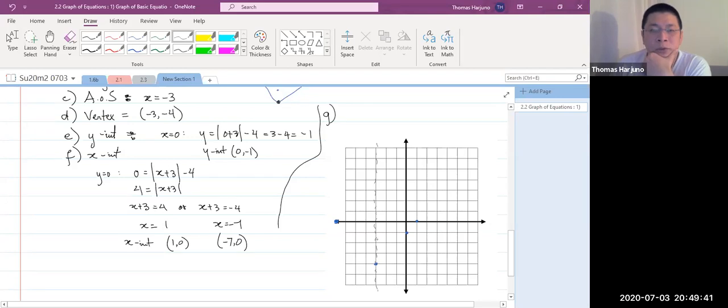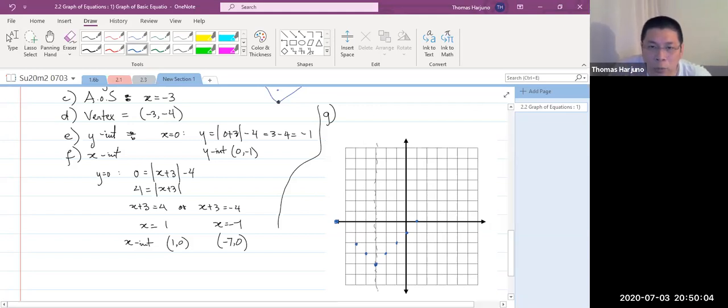Right? Okay, and actually you can also think this way. If this is my vertex, then when I move 1 unit to the right, I go up 1; 2 units to the right, I go up 2. When I move 1 unit to the left, I go up 1; 2 units to the left, I go up 2. Just to give us more points to draw that graph.